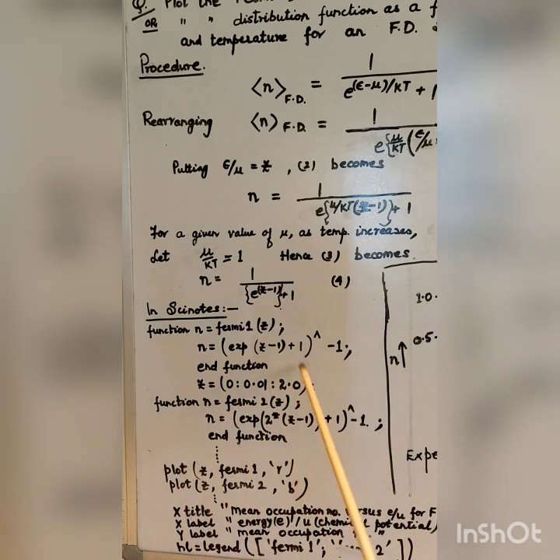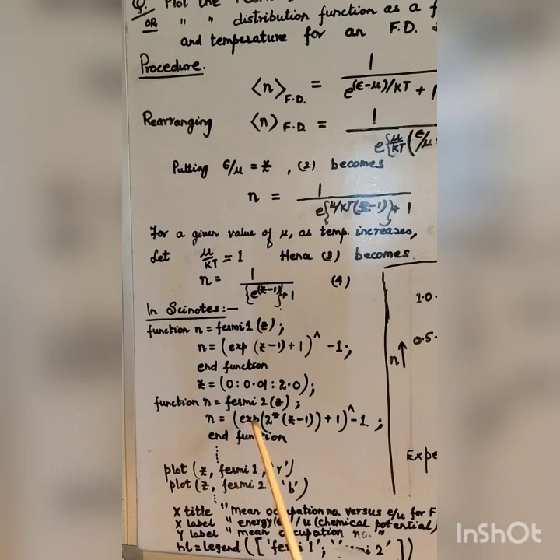And then of course n function, as you learnt in the earlier classes. And I allow z to take the values from 0 in steps of 0.01 up till 2. We define another function n, but this time I write Fermi2 because in this case I'm going to take mu by kT equal to 2.